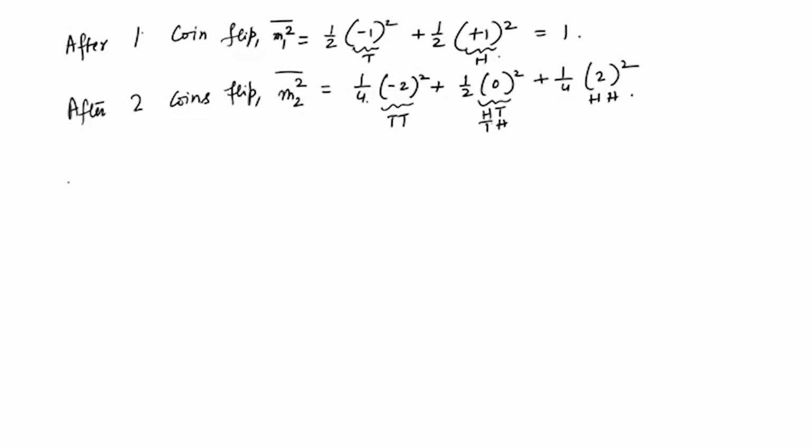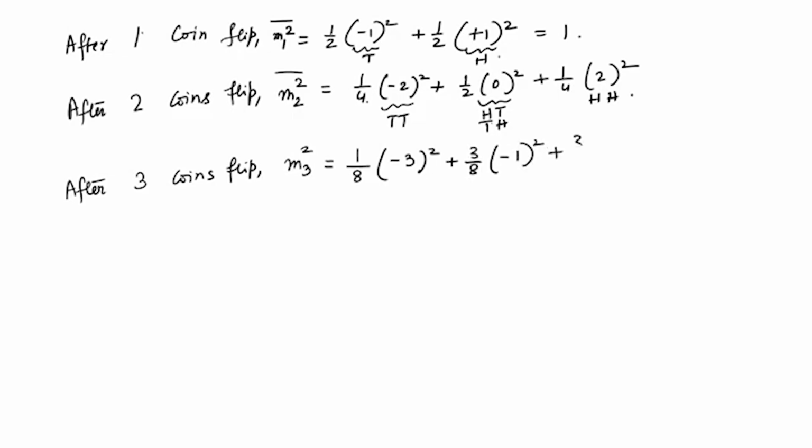So, after 3 coin flips, m3 square average is equal to 1/8 of minus 3 square plus 3/8 of minus 1 square plus 3/8 of plus 1 square plus 1/8 of plus 3 square.